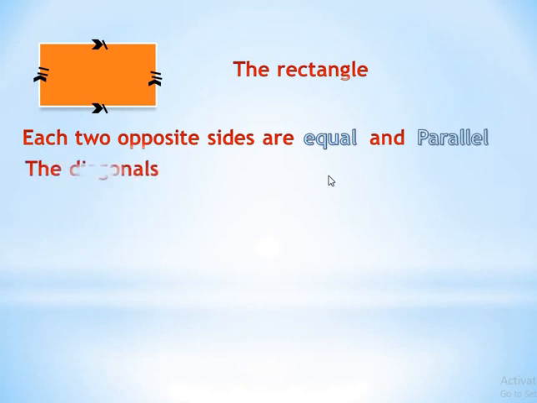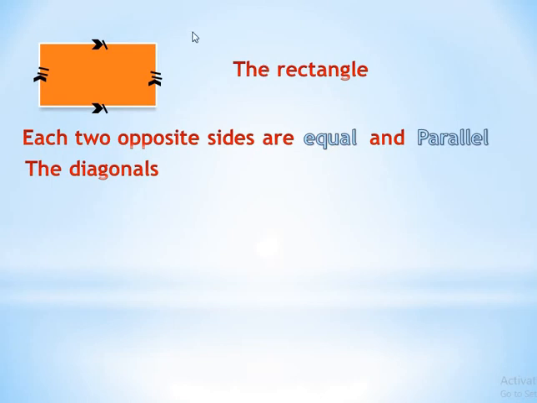What about the diagonals here? We know that we have a common property: they bisect each other. But in the rectangle, are the diagonals equal or not equal? Let's think. They will be equal. Why?